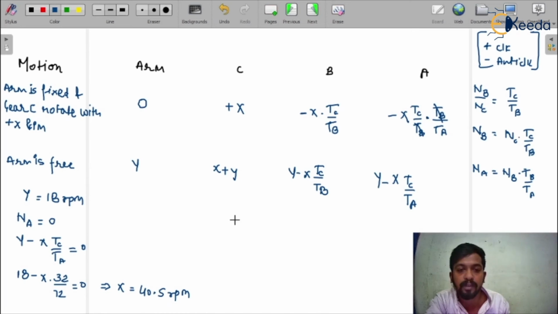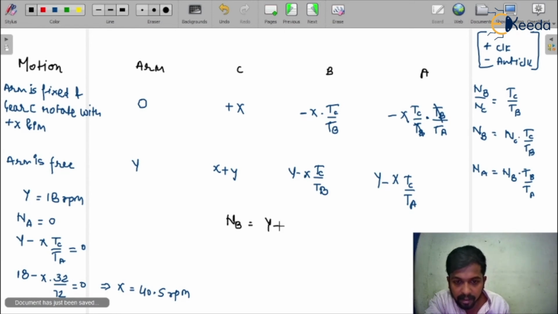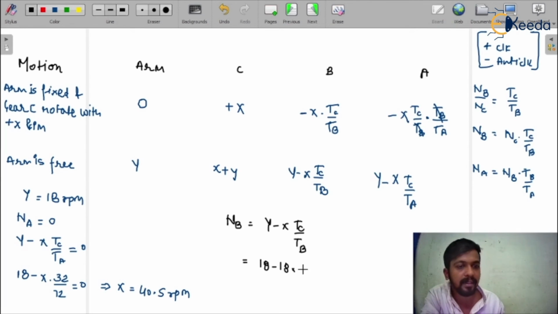Now we have to find out the speed of B, that is asked in the question, and we all know that the speed of B is y minus x Tc upon Tb, and y is 18, x is also 18, multiplied by Tc is 32, and what is the number of teeth on gear B?